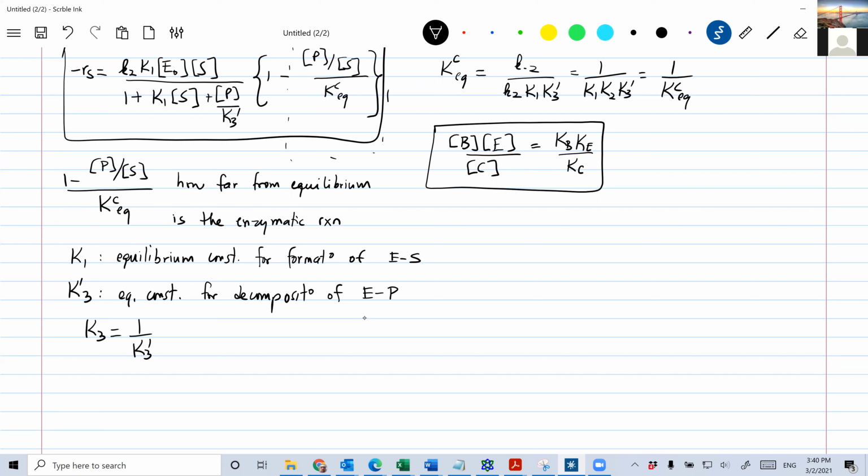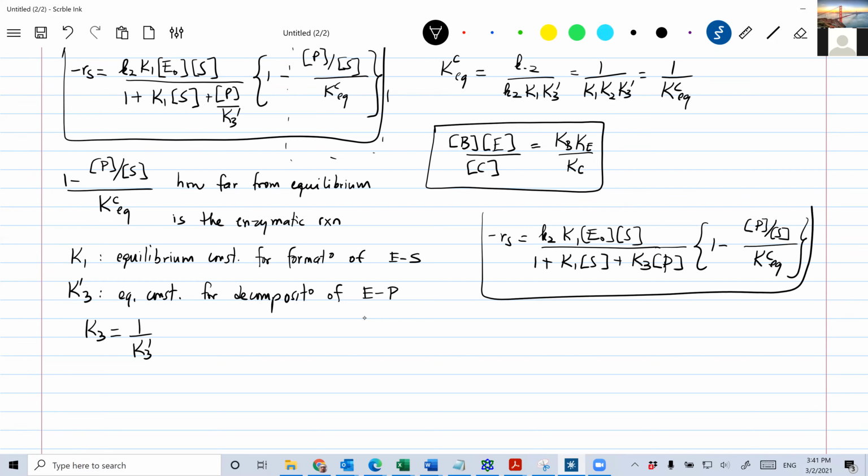So we can replace K3 prime with K3 in the reaction, and we'll just end up with this form where the rate is K2, K1, P, and then we have the distance from equilibrium term.